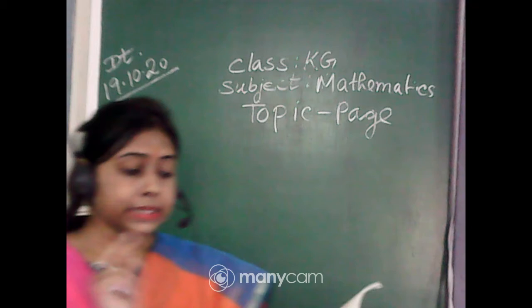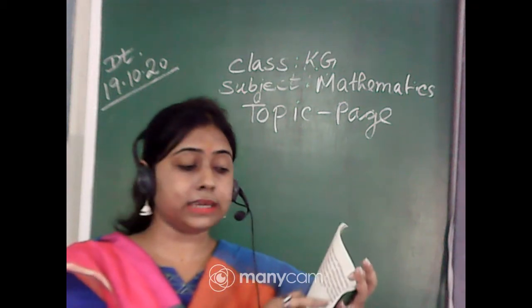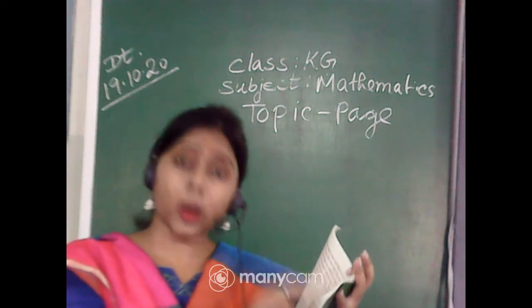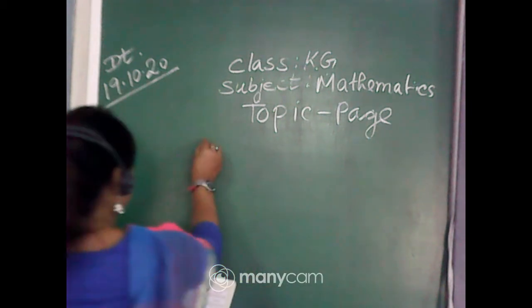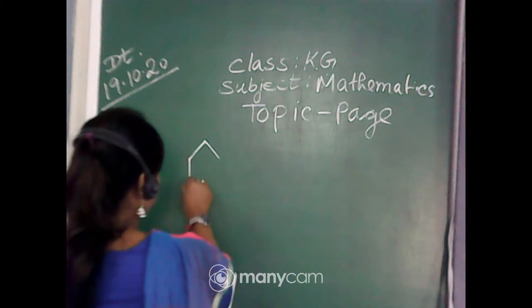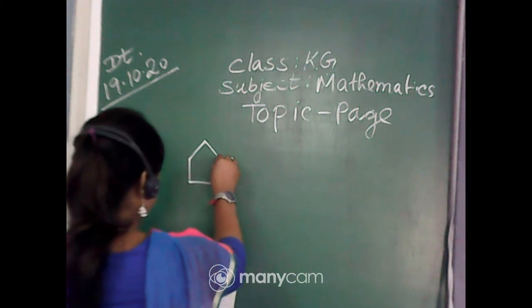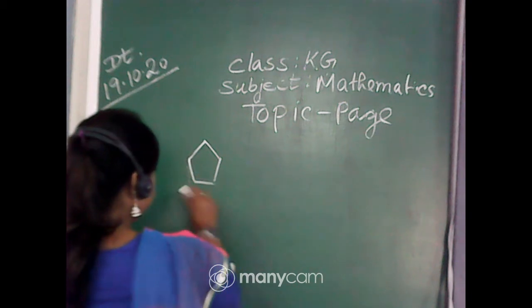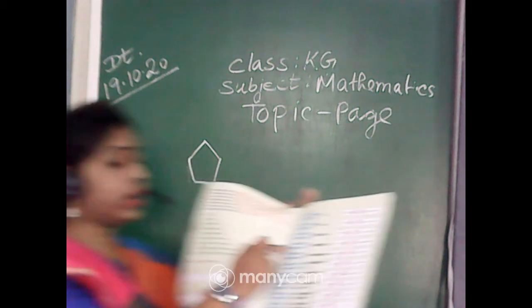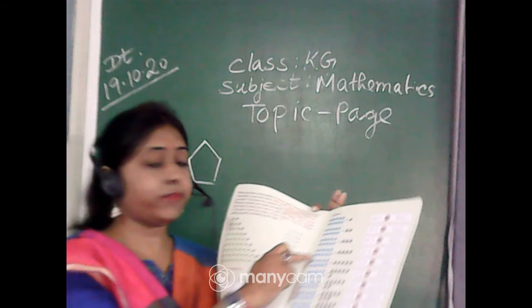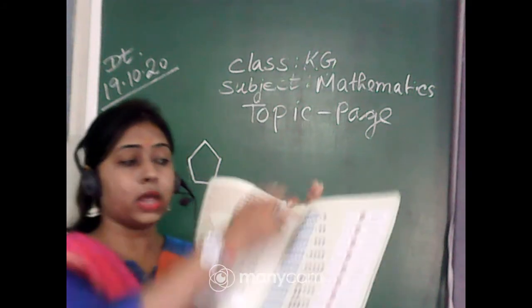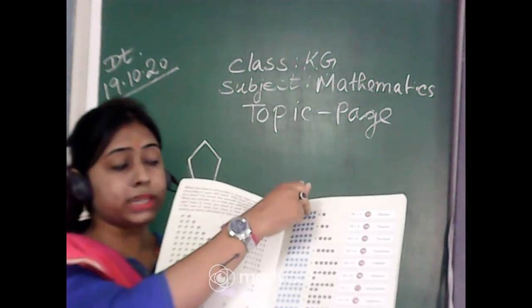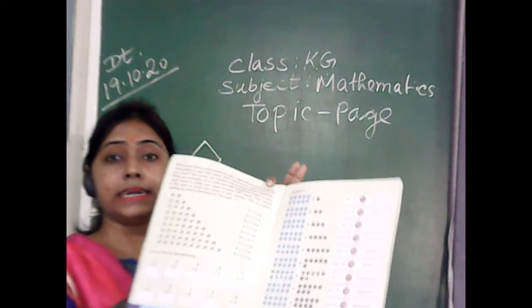Can you see there? First you can see the images, the shapes or the objects like this. From your left side, all these objects are 10 in number.